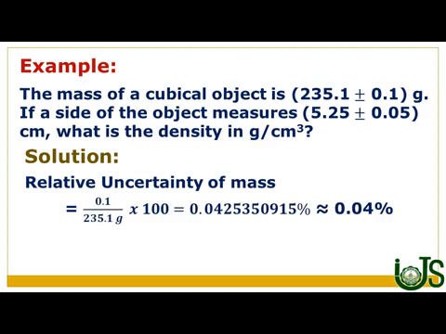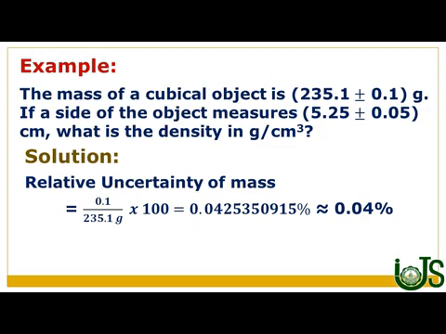So we have the relative uncertainty of mass. You divide the absolute uncertainty by the measured value of mass times 100. The answer will be 0.042535091%, or approximately 0.043%, following two significant figures because it is lower than 2%.